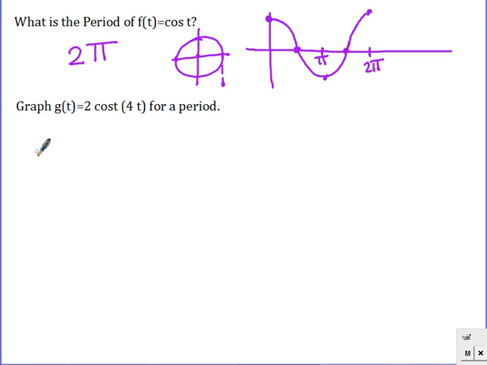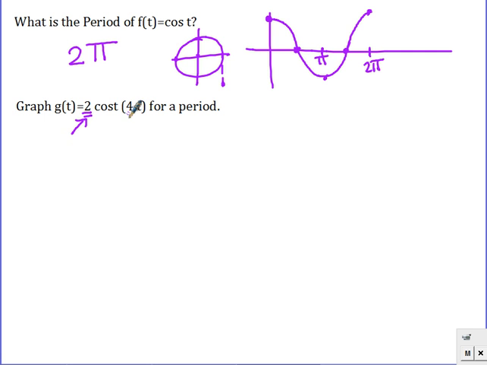All right, so now, look, we have to add some exciting stuff here. We have two adjustments that need to happen. What does this 2 do to our graph? Exactly, I heard someone say it changes the amplitude. Good job, you guys are so smart.